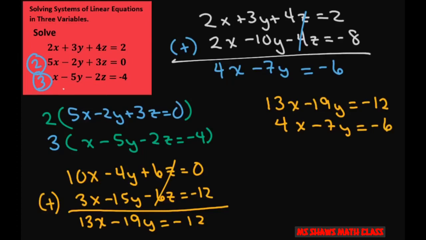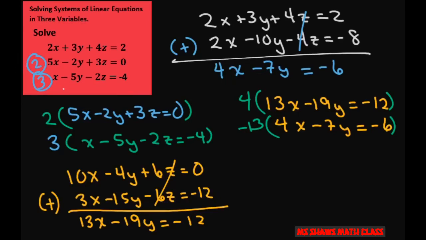So now we have to eliminate the x or the y. I'll just go ahead and eliminate x. So I'm going to multiply the numerator by 4, the denominator by negative 13. So for this one, 4 times 13 is 52.